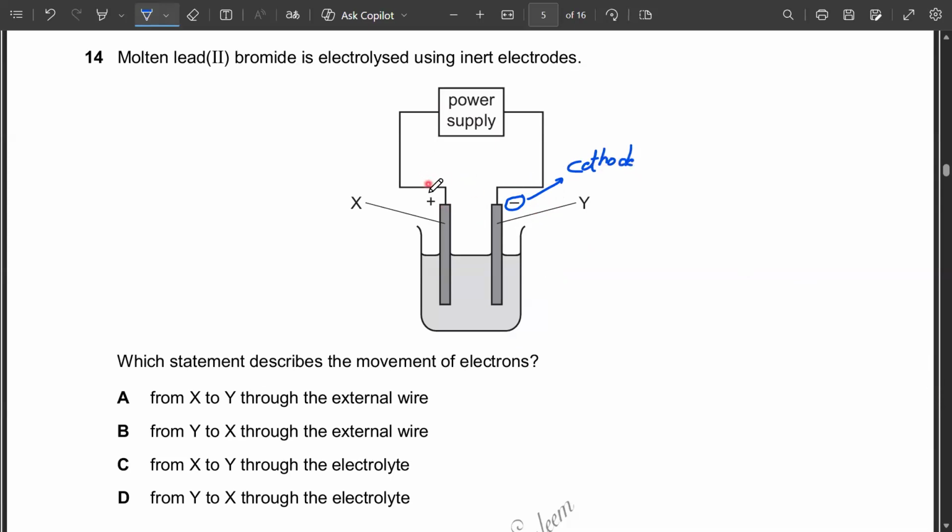The positive electrode represents the anode. At the cathode, there is gain of electrons for reduction. At the anode, there is loss of electrons for oxidation.